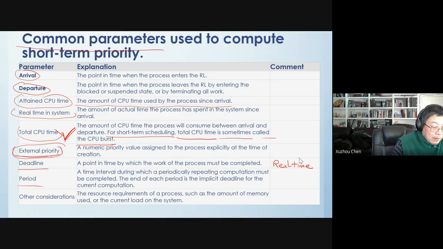So this process definitely has a deadline, right? If a vehicle is driving at 60 miles per hour, and it just detects an object a couple of hundred feet away, the vehicle is driving at a very fast speed, and you have to stop it within a certain time period.